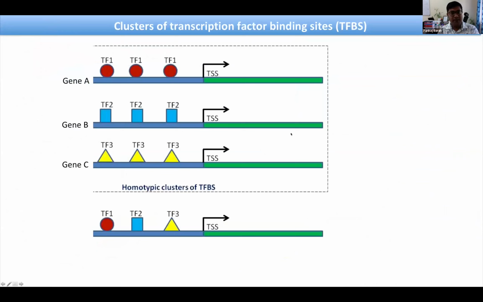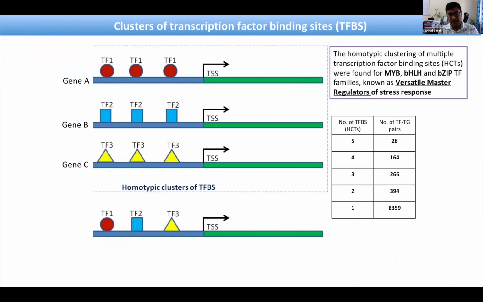Then we identified the cluster of transcription factor binding sites. The logic is that there is a homotypic cluster of transcription factor binding sites. In most of those interesting master regulators of stress, like ME, BH, LH, BZ transcription factors, which are known as versatile master regulators of stress responses, we observed that there were multiple transcription factor binding sites.